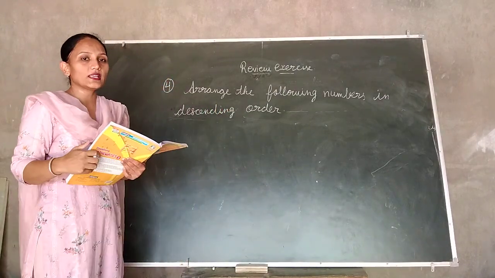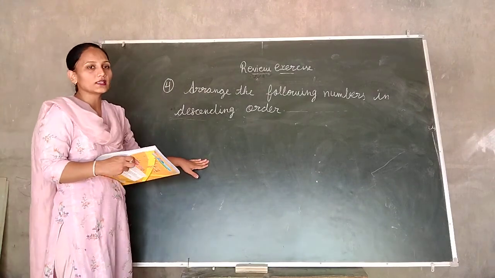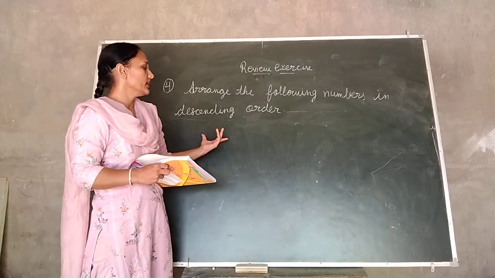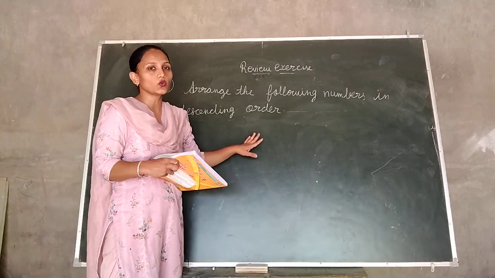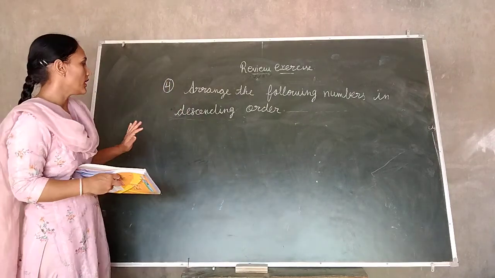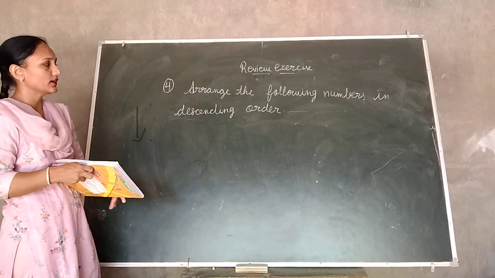When we have to arrange the numbers in descending order, we have to write the greatest number as the starting number and then find the greatest number among the remaining numbers and so on. Or we can say we have to move downwards, from greatest to smallest.